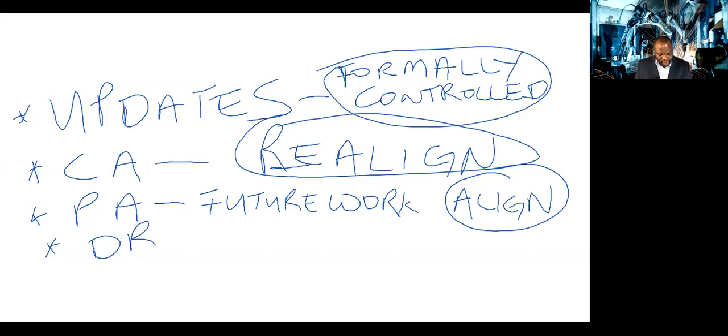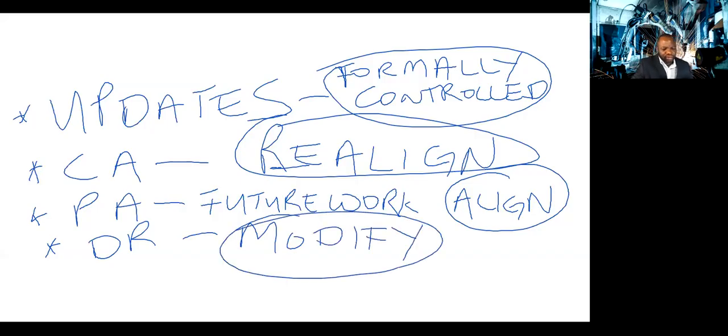The last one here is defect repair. And the key word here is modify. You got to make a tweak to the actual deliverable. Product, the service, the result. It says defect repair. An intentional activity to modify a non-conforming product or product component.